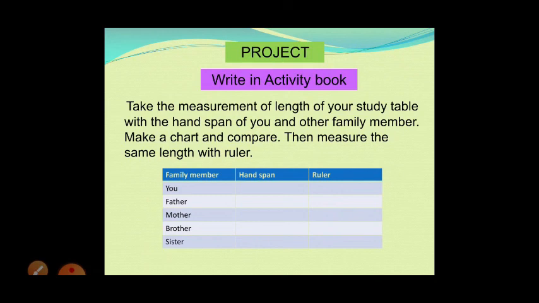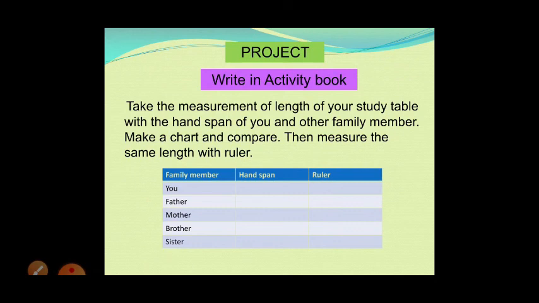First you measure how many hand spans you are getting, write the number. Then ask your father, mother, sister, brother, everyone, to take the measurement with their hand span. Record how many hand spans you are getting, and after that take a ruler and measure the length.